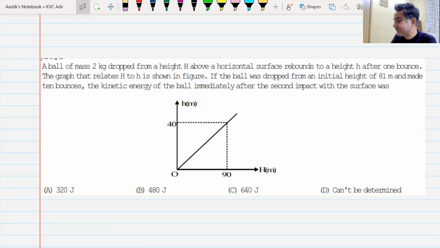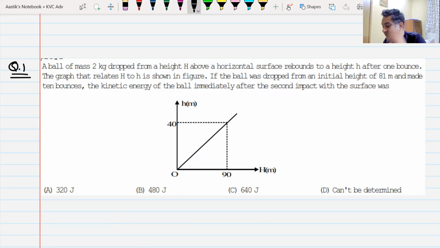This is the question. A ball of mass 2 kg is dropped from a height of capital H above a horizontal surface. It rebounds to height h after one collision, one bounce.